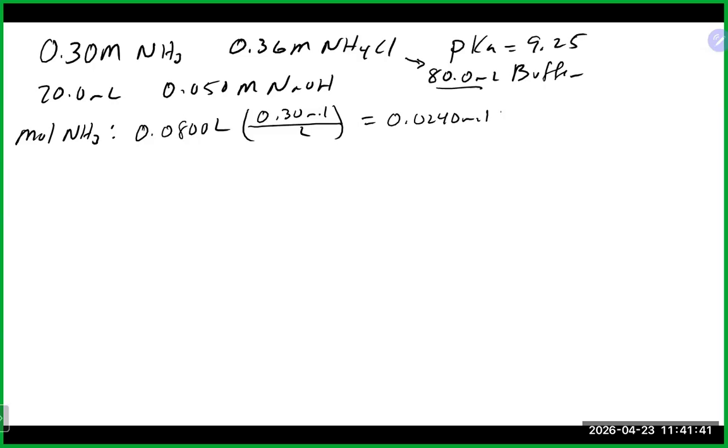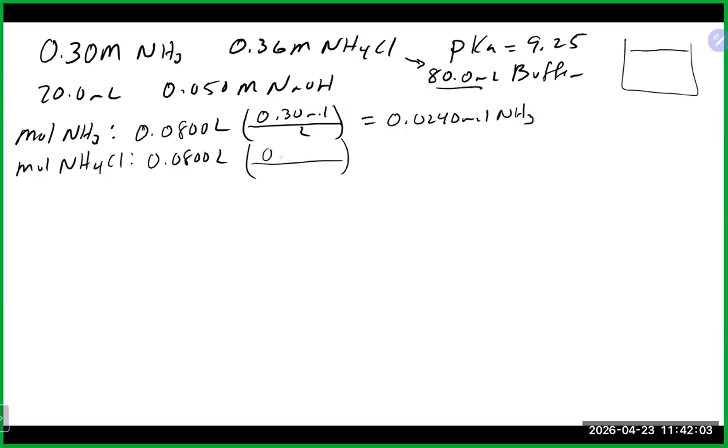0.024 moles of NH3. We'll do the same thing for our ammonium, and 0.08 liters. Again, both components of the buffer will have the same volume since, frankly, they're in the same beaker, right? So they have the exact same volume. So we're going to times it by 0.36 moles per liter.